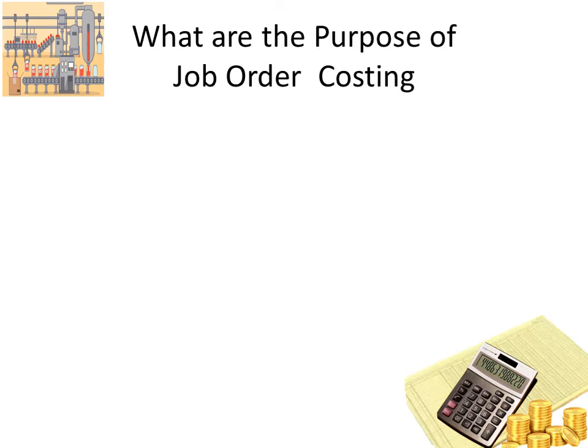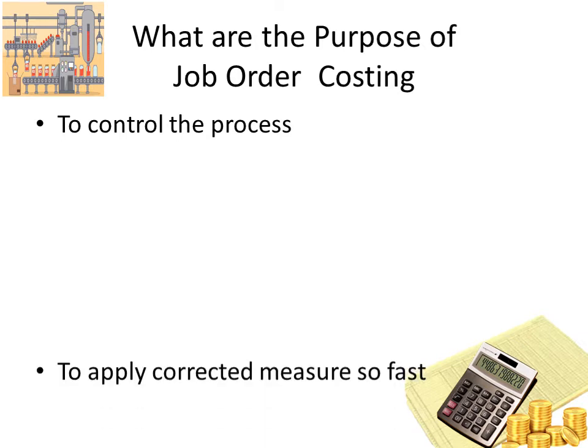So, what are the purposes of job order costing? Number one, it controls the process so that you can determine for each batch whether this particular job is already done or still in the work in process period.